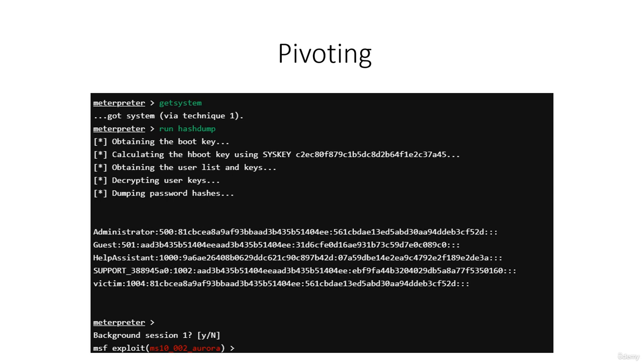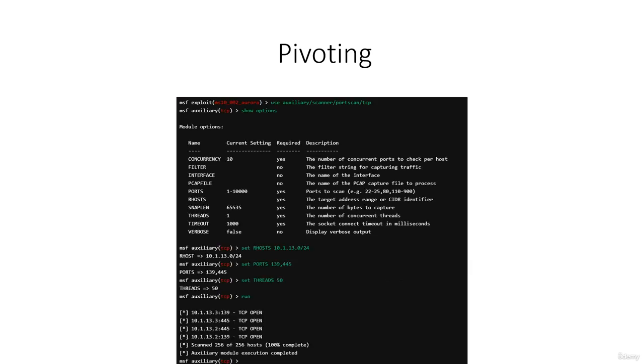So now we need to determine if there are other systems on the second network that we have discovered. We will use the basic TCP port scanner to look for ports 139 and 445. As you can see, it gives you all the names and options, such as concurrency and filter.